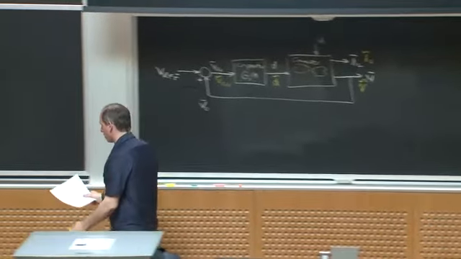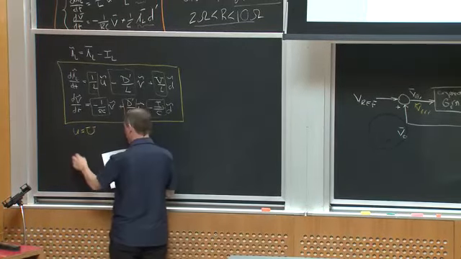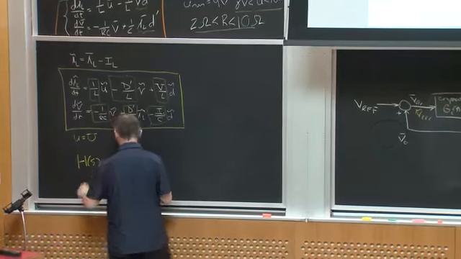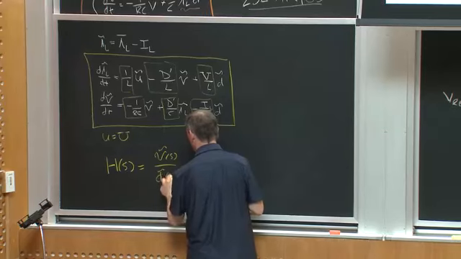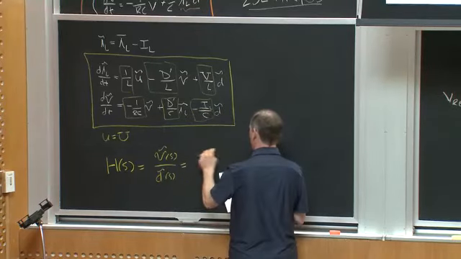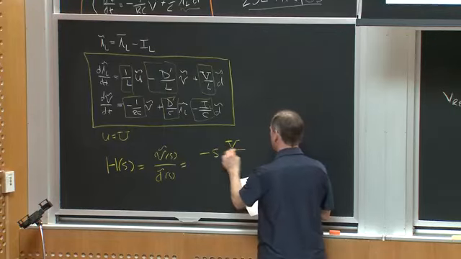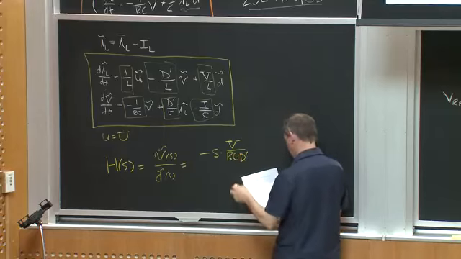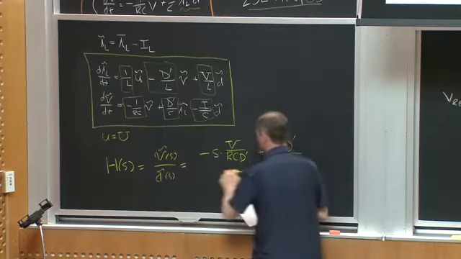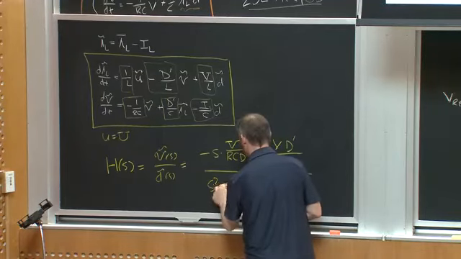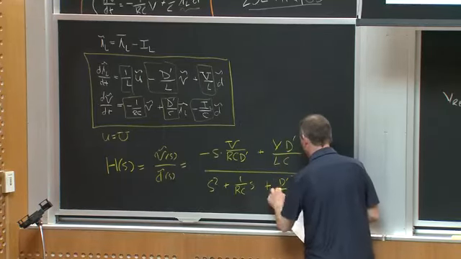If we do that, with u equal to U, in other words the input is not changing, what I get is H(s) equal to V tilde(s) over D tilde(s), which is equal to minus s times V over RCD prime, plus VD prime over LC, divided by s squared plus 1 over RC s plus D prime squared over LC.